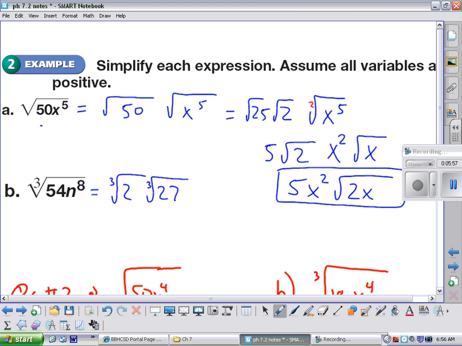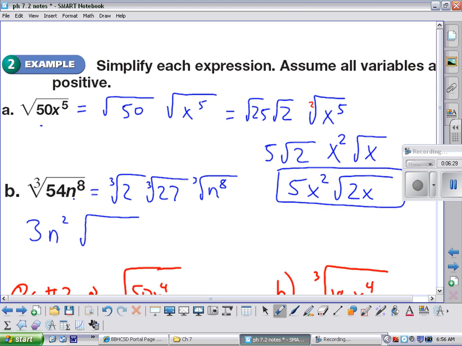Now for the n, I've got 8 divided by 3 is 2 with 2 left over. For this line, I'm just going to keep this here. For my next line, cube root of 27 is 3. 8 divided by 3 for my n's is 2, so n squared comes out.